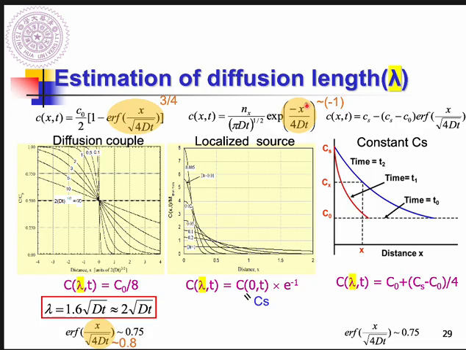Then x equals to 0, so you got CS. CS times the same, and exponential -1, so this one should be -1. So you got the square root of 4Dt.